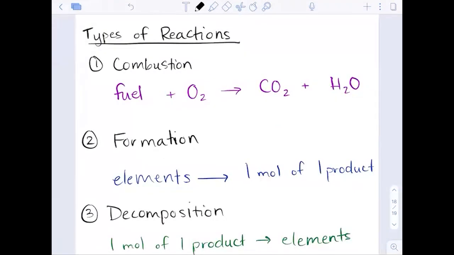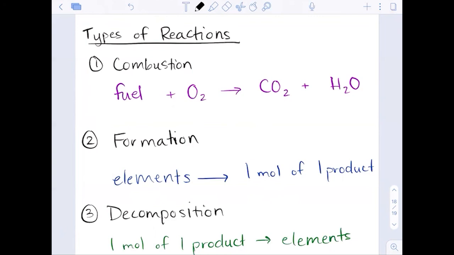All right, to just end our discussion here, I want to talk about the types of reactions that we've seen today, or the types of reactions that we're going to also see in the next chapters. Combustion reactions. By definition, a combustion reaction is some sort of fuel, usually a hydrocarbon, so something that has carbon and hydrogen.